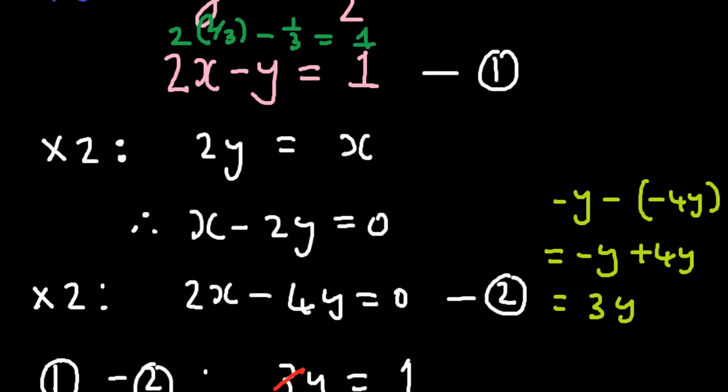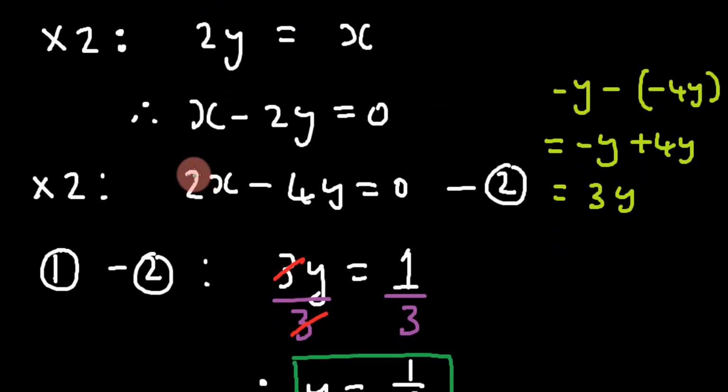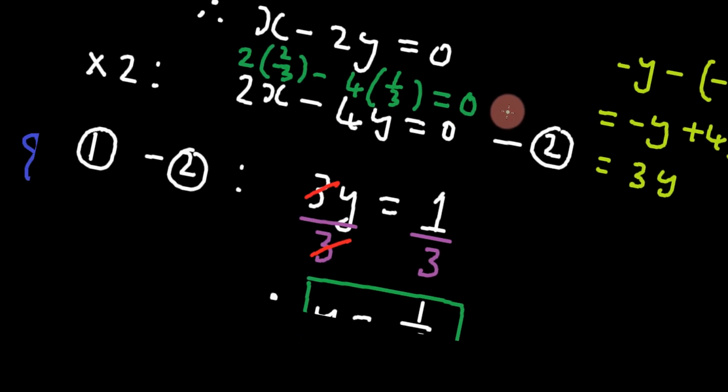Let's plug it back into the second equation, 2x, and we get 4 over 3 here minus 4 over 3, which does give us 0.